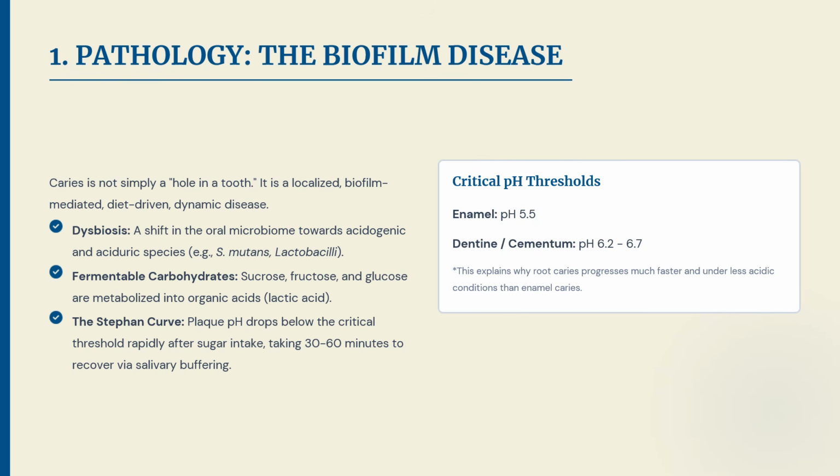That's why there is one of the most popular MCQs, which says that frequently consuming sugar is the main cause of dental caries. With that being said, we need to know the pH threshold. For enamel, it's about 5.5, and for dentine, it's about 6.2 to 6.7. It's applicable for both dentine and cementum.